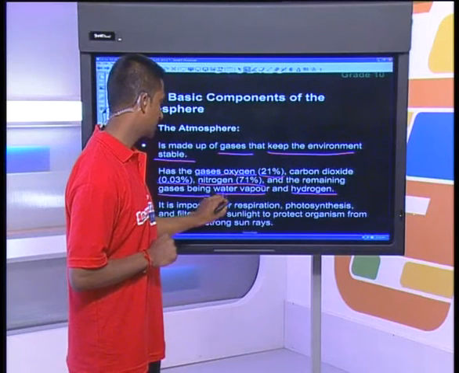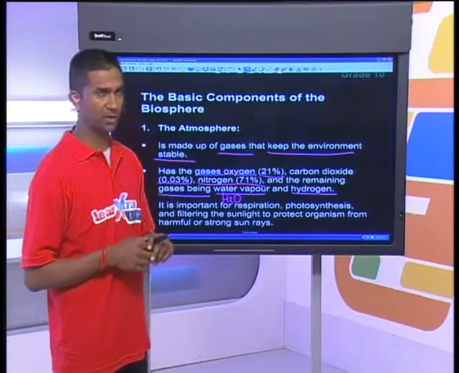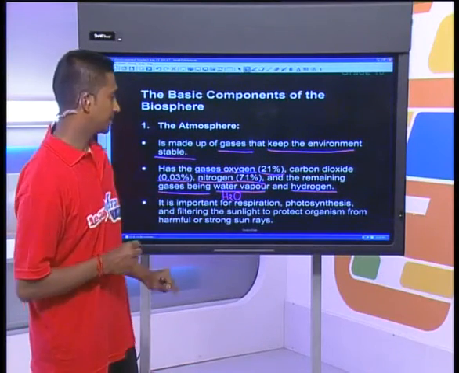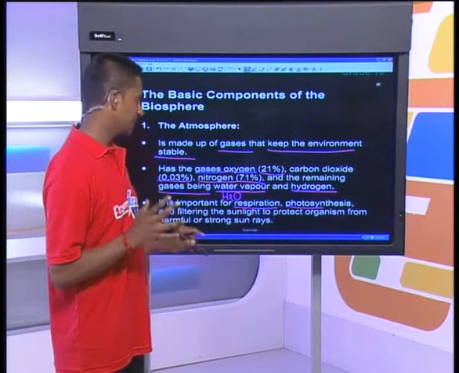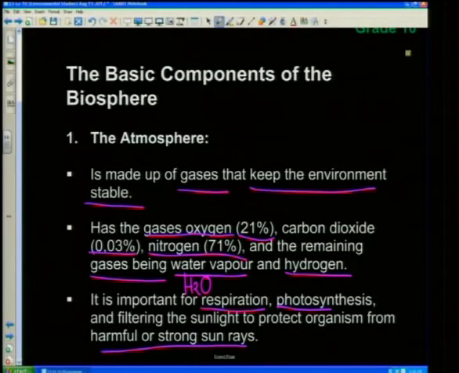Water vapor is essentially H2O, and hydrogen is a very important element in most of the organic compounds. The atmosphere is very important for two major physiological processes, respiration and photosynthesis. It also plays a very important role in filtering out the harmful ultraviolet rays from the sun.